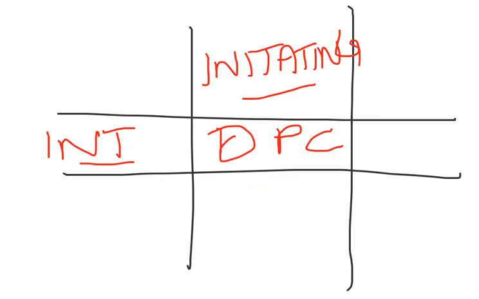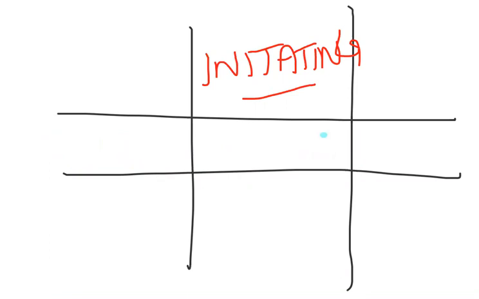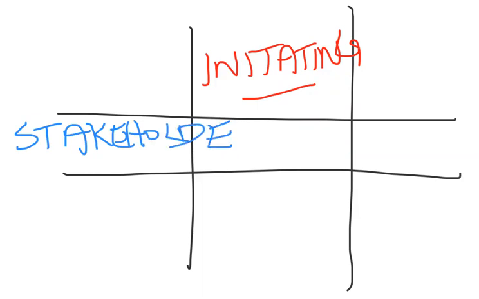Your next question is, when initiating and the stakeholder management area, when these two intersect, what exactly do you get? I'll just refer to this as stake. You know I mean stakeholder.